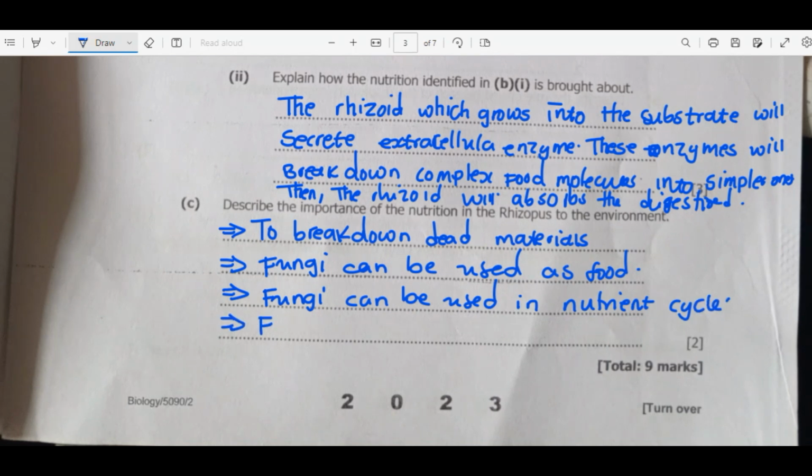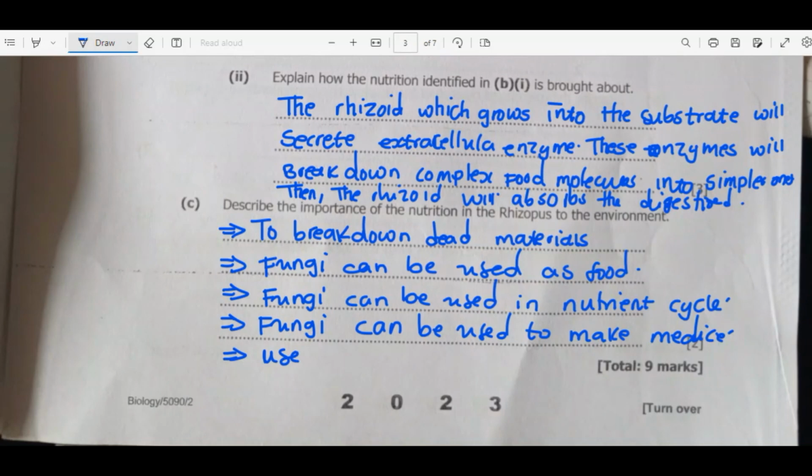Some fungi can be used to make medicine, like for those that may have fungal issues. They can also be used in baking and brewing.